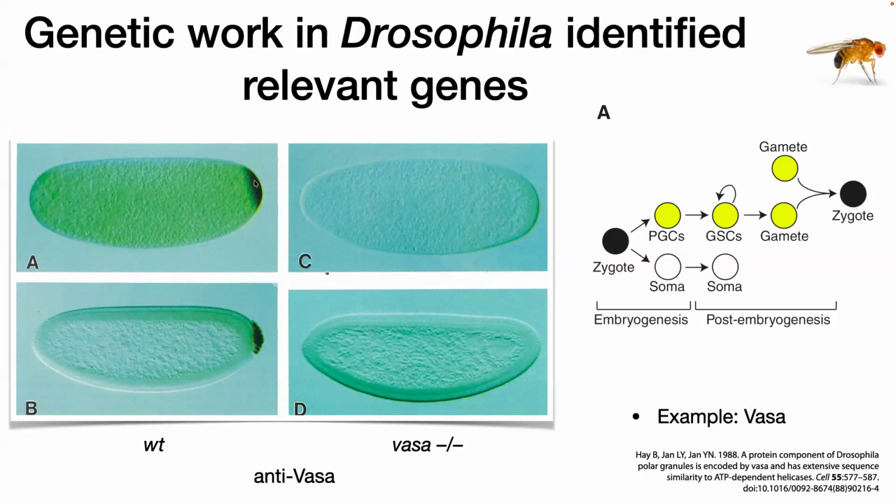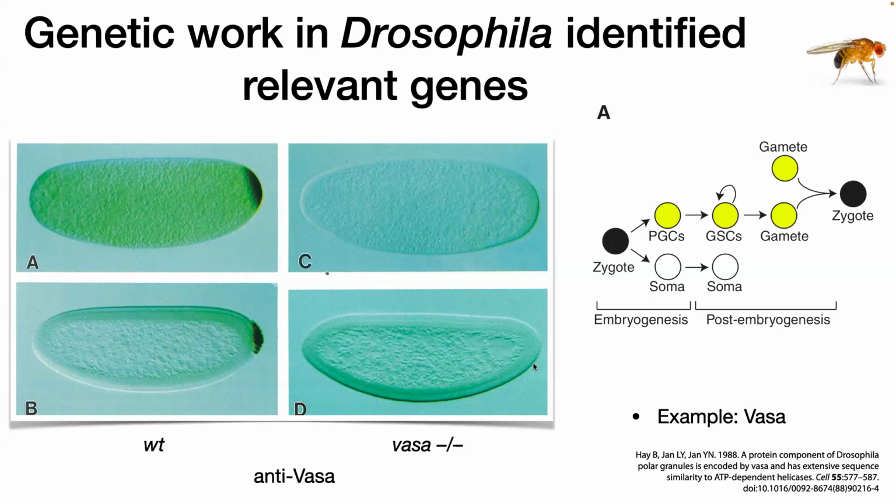You see stainings on the left-hand side for a posterior marker, and these are wild-type animals. On the right-hand side, you see a VASA mutant, and this VASA mutant is also deficient in developing the germline, the primordial germline cells.